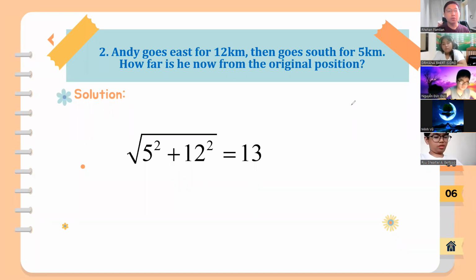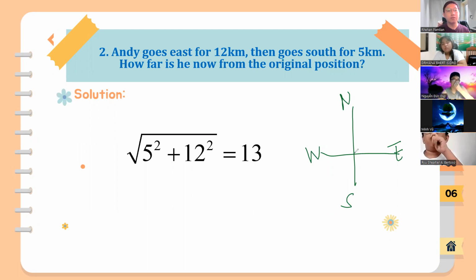When you take note of the directions, this is north, this is east, this is south, and this is west. If Andy goes east for 12 kilometers and then south for 5 kilometers, how far is he from the original position? This is the original position, going to the final position.